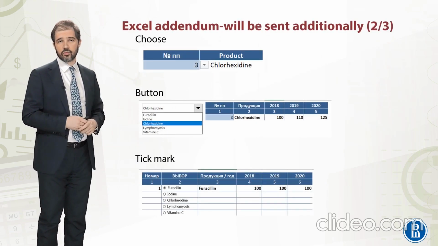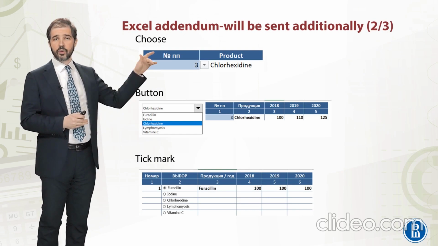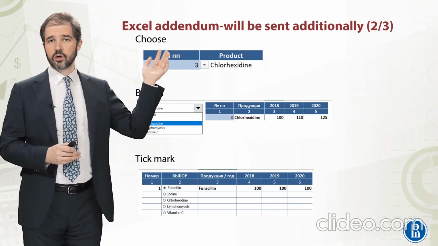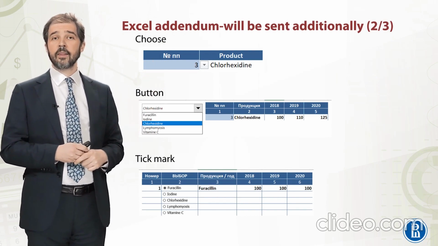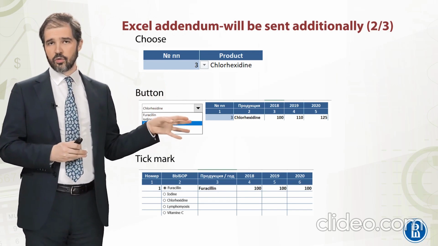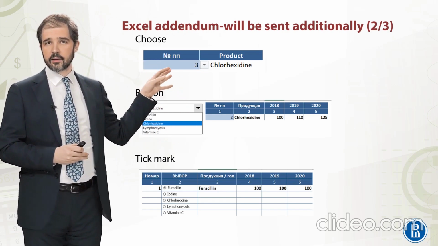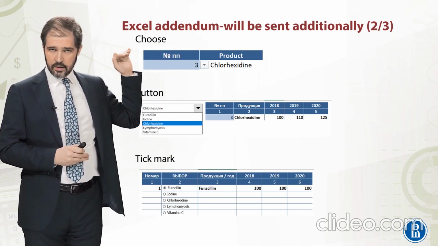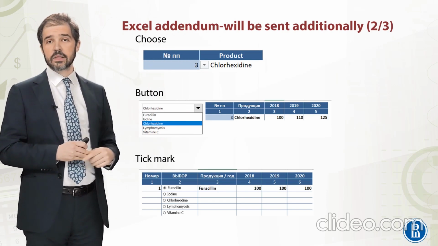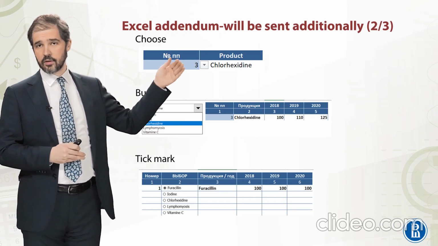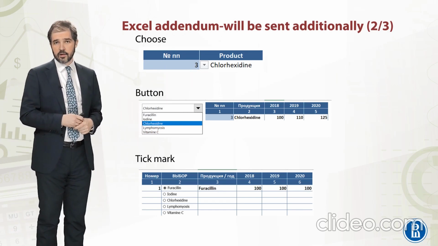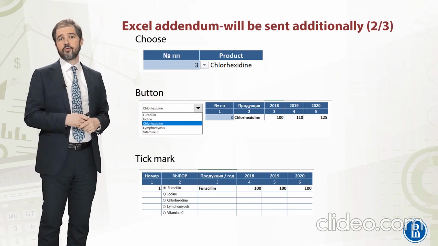Then you may have a choose button, when you choose just a number and you select the product, chlorhexidine, iodine, whatever. Then a little bit different, but in idea absolutely the same, a choose button when there is a button itself and a list of different items. Again, you select and you have the appropriate product selected in your forecast.